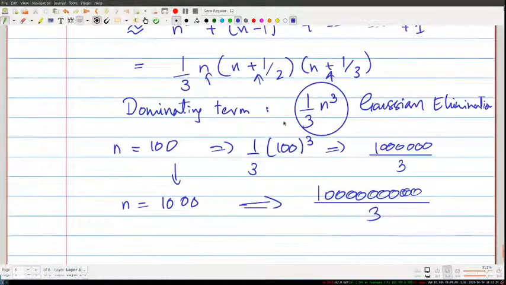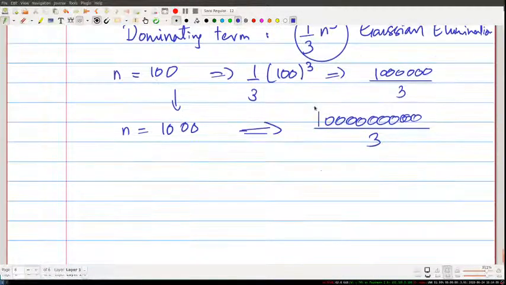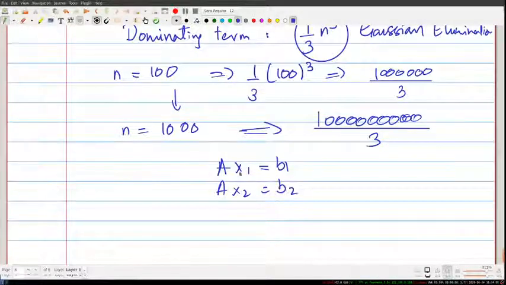And so if anything cuts down the cost of Gaussian elimination, it helps. If you want to solve Ax1 equals b1 and Ax2 equals b2, and your plan is to do Gaussian elimination on this and then Gaussian elimination again on this, you're going to incur this cost twice. The smart thing to do is do Gaussian elimination just once.